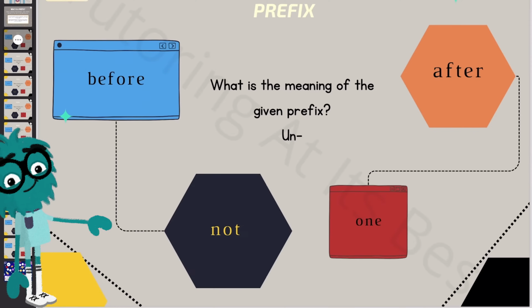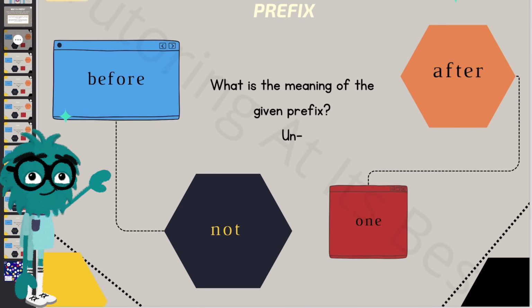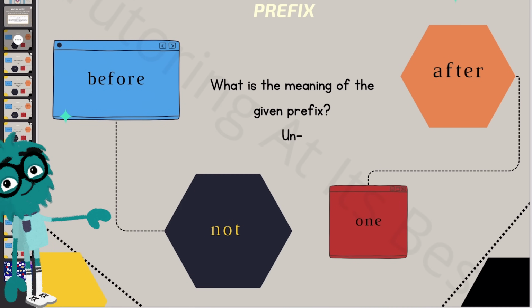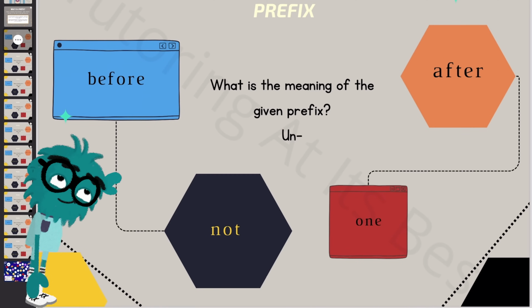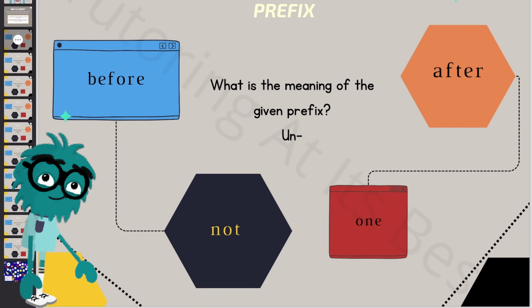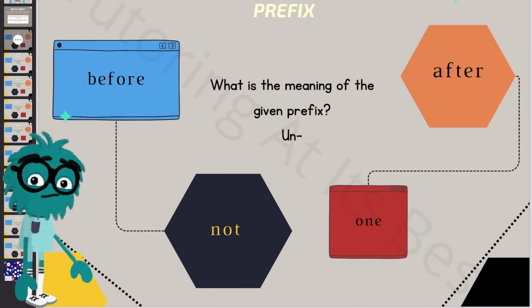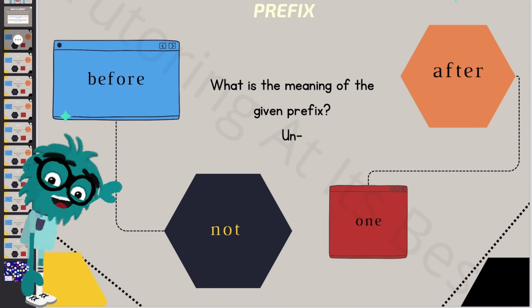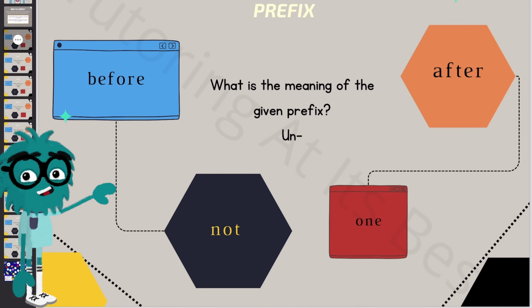Let's take a look at the first question. What's the meaning of the given prefix un? Let's give some examples. Can you think of any words that start with un? I'll give you one: unavailable. Can you think of any others? What about unhappy or unmovable?